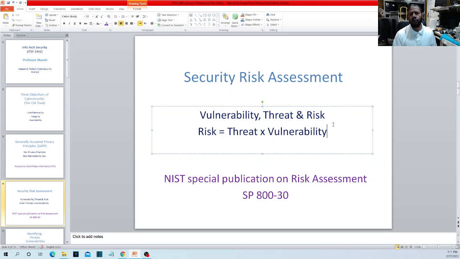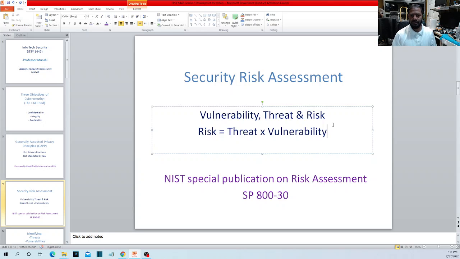What is a threat? A threat is something that could harm you, harm your computers, your system, your network, your digital assets. Something that can harm. What could that be? Could be a virus, a malware, a worm, hackers, flooding, extreme heat or bad weather.